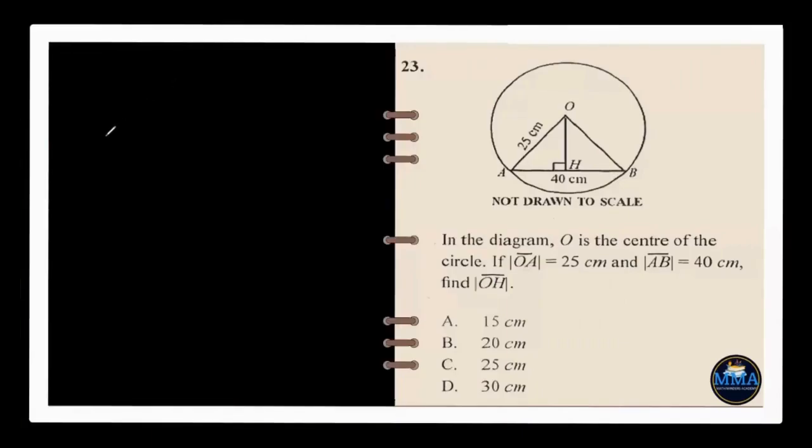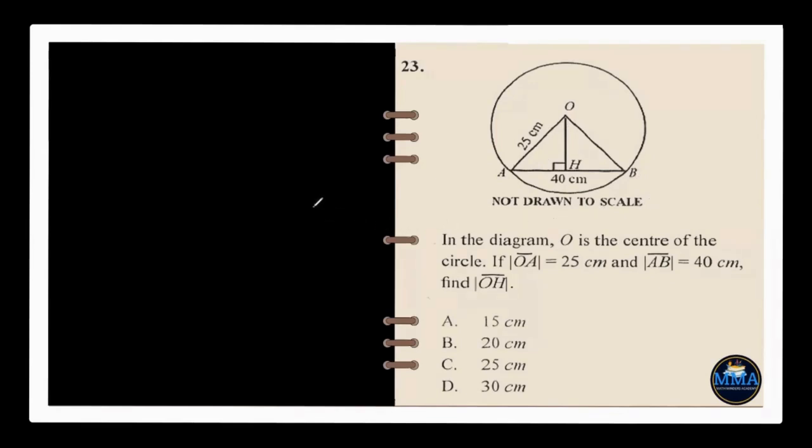Question 23, we are told that in the diagram, O is the center of the circle. If the length of line OA is 25 centimeters and the length of the line segment AB, this is AB, which is the chord, is 40 centimeters.